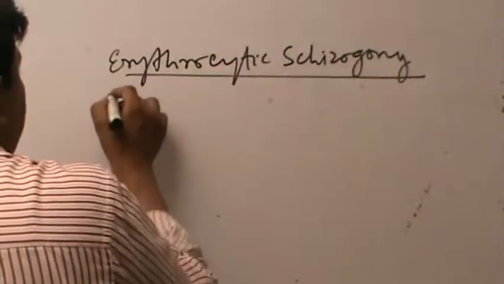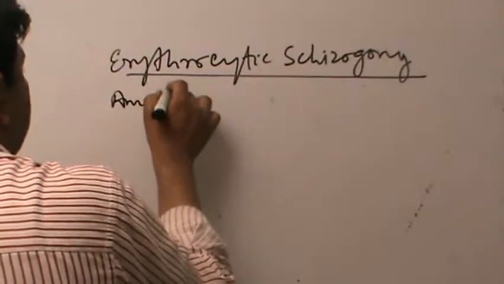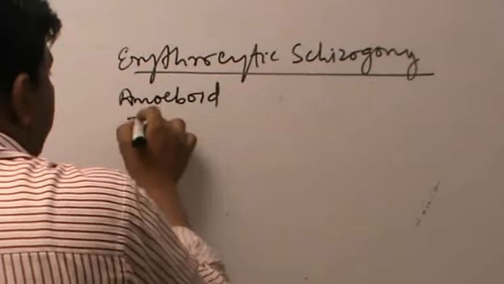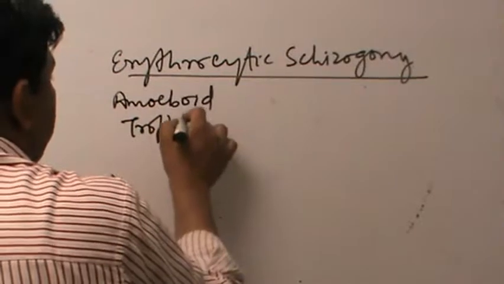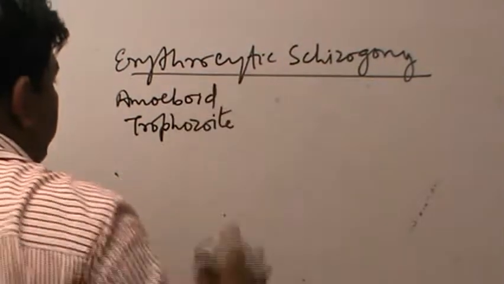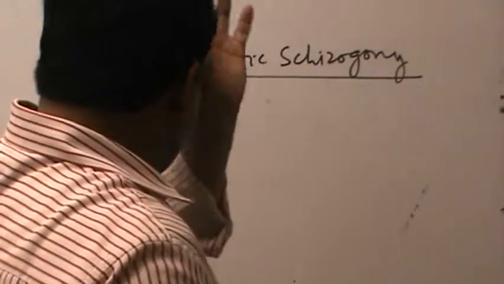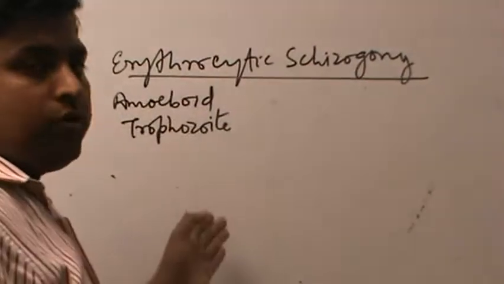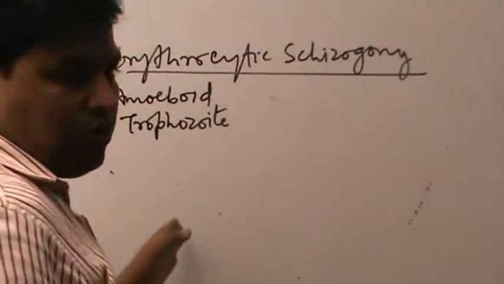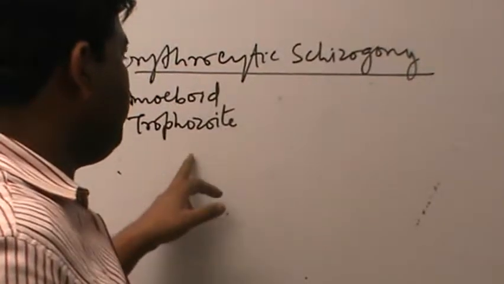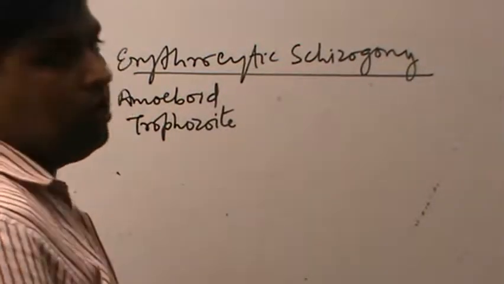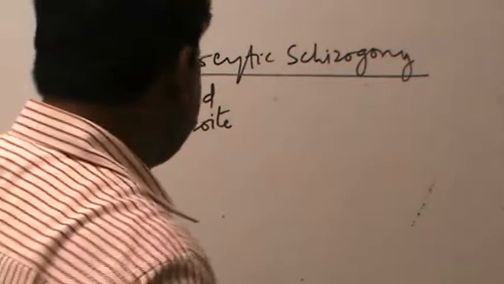So the amoeboid trophozoite, what will happen to the amoeboid trophozoite? That means cryptomerozoite will be converted into macro and micro cryptomerozoite. That will again be converted into the amoeboid trophozoite.